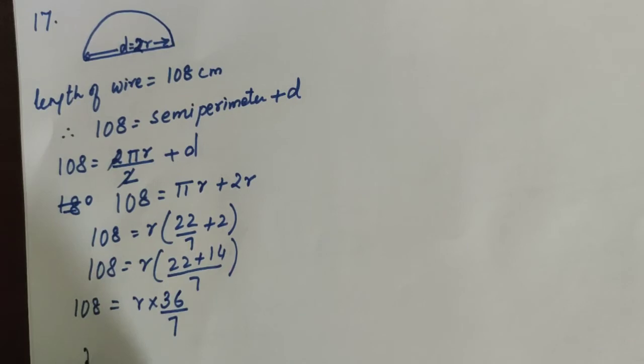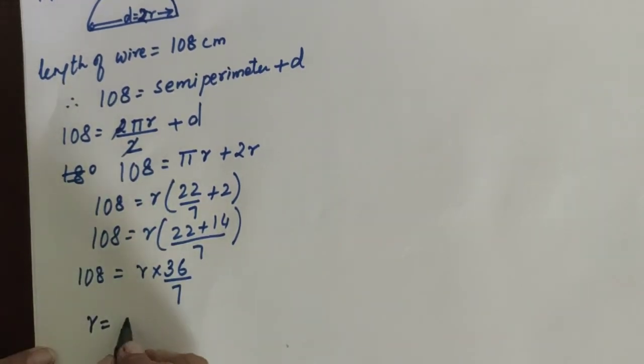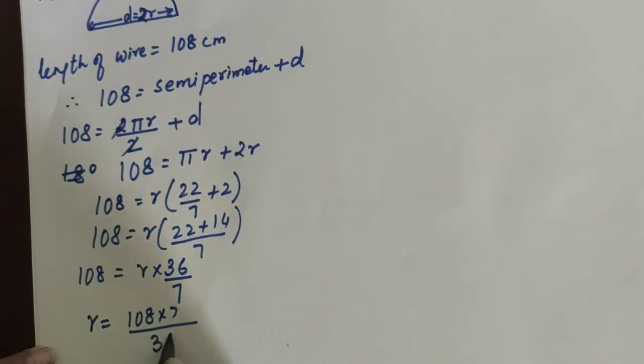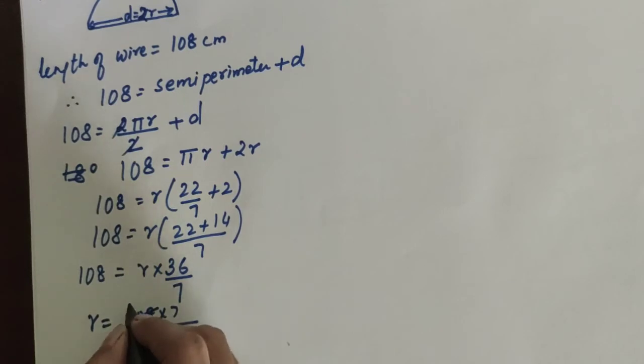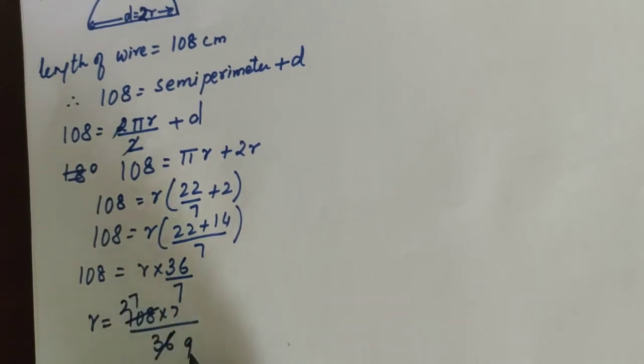So we take r here, r is 108 into 7 upon 36. Now when you solve all this, cancellation, 4 9s are 36, 9 3s are 27.